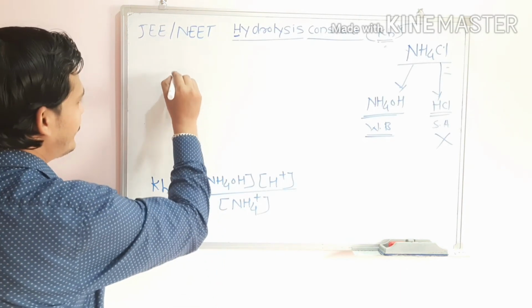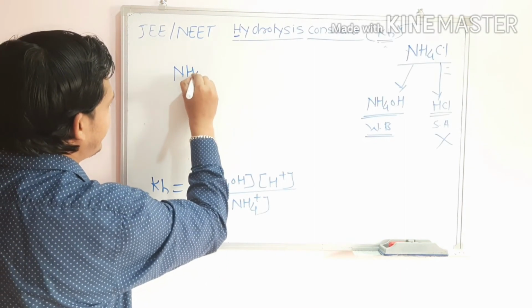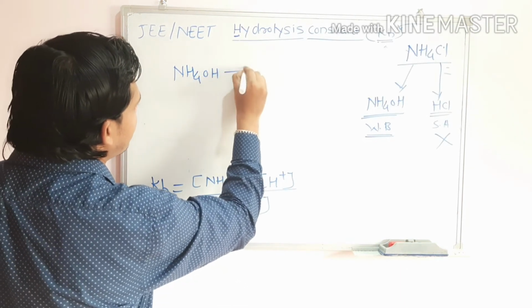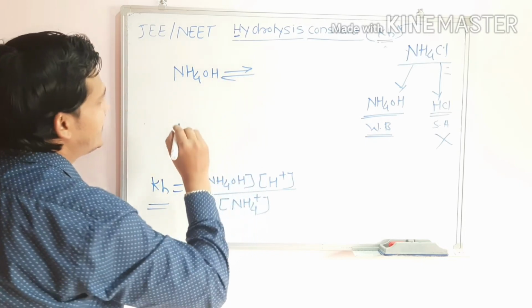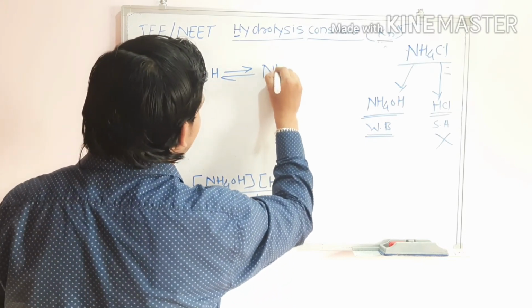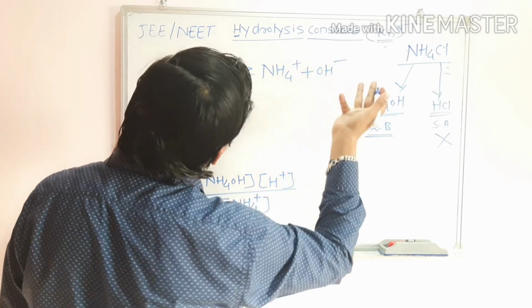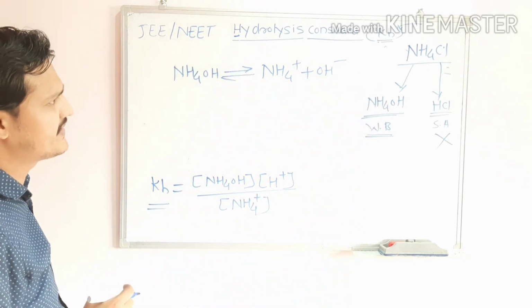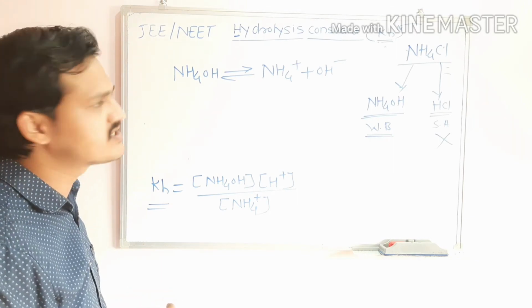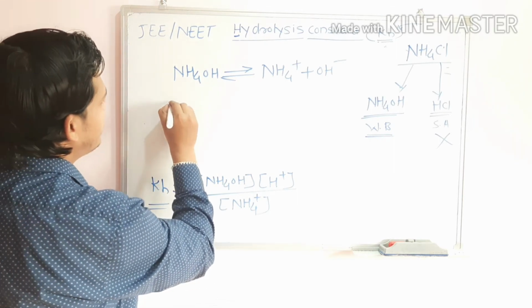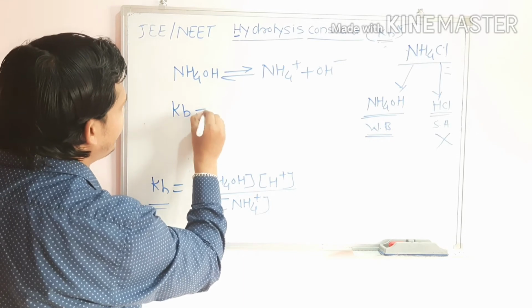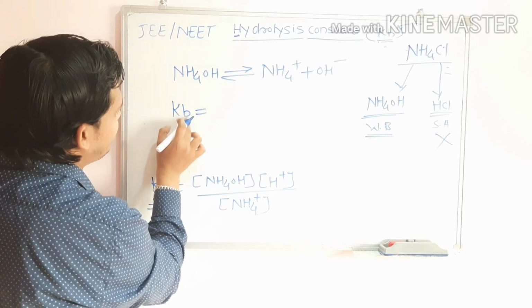So NH4OH will be dissociated. NH4OH is reversibly dissociated as NH4 plus OH minus. As simple as that. So what is the dissociation constant for weak base? Dissociation constant means KB for base.